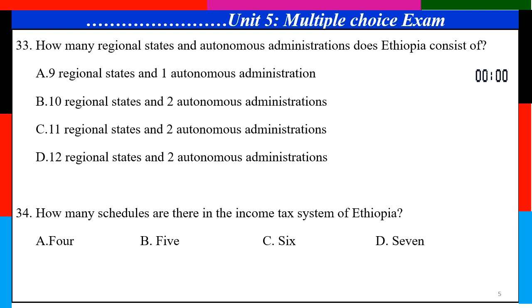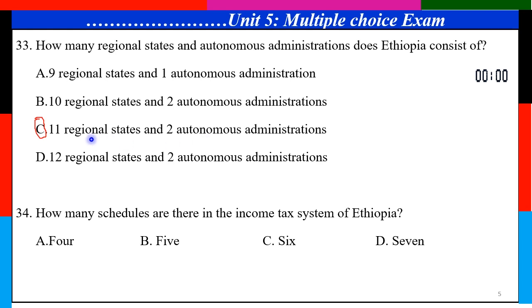There are many arguments on this one, but according to your textbook, the right answer is C. 11 regional states and 2 autonomous administrations. These 2 autonomous administrations are what? Addis Ababa or Finfinne and Dire Dawa.